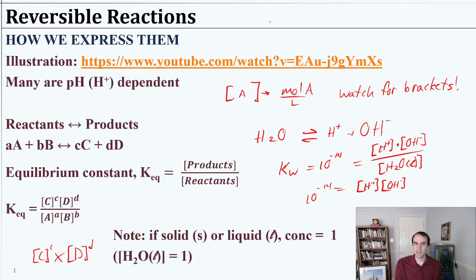I think we mentioned last time that there are reactions like combustion, that's a forward reaction. There's no way to uncombust something. There are some other reactions that we really don't expect to be going in both directions. So let's say sodium chloride dissolving to form Na plus and Cl minus.